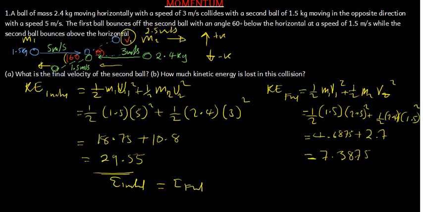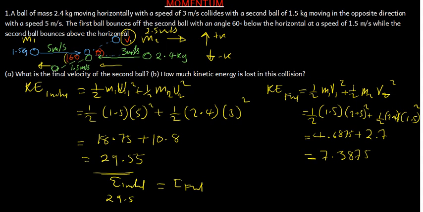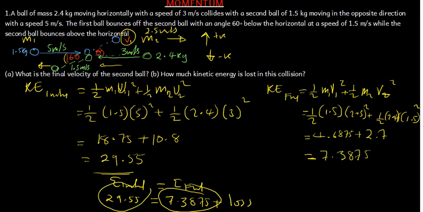Now, energy initially, the only kind of energy that we had was kinetic energy, and so 29.55 should be equal to, now at the end after collision we had kinetic energy 7.3875 and also some loss, okay, because the energy at the end and the energy at the beginning should be the same. So this value is not the same as this one. So there is some loss, and that loss is what we want to find.